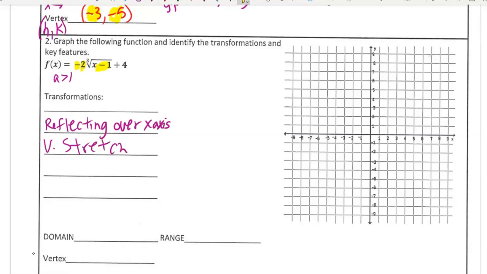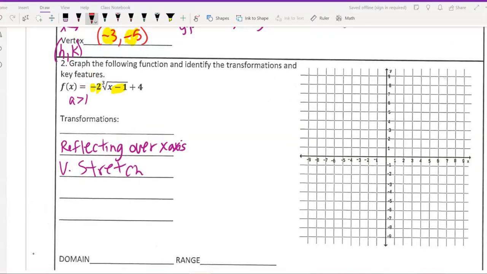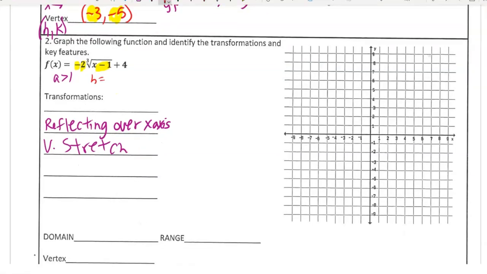Right here, that's our h. The -1 is our h value. Let's try and keep consistent with these colors here. Remember, x lies, so h is actually +1.